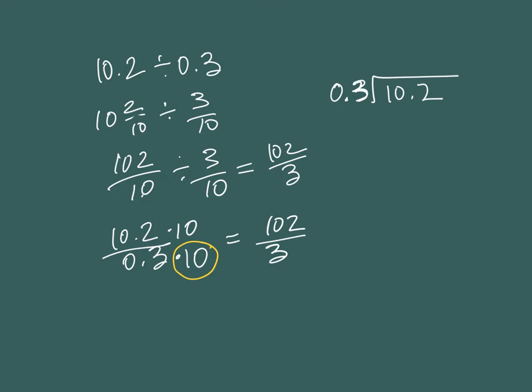But again, I can't just multiply that. Now I've changed what I'm dividing by, right? So in order to make sure it's an equivalent division problem, I also have to multiply the numerator by 10, which means I have to multiply the dividend by 10, right? So if I'm going to multiply the divisor by 10, I also have to multiply the dividend by 10.